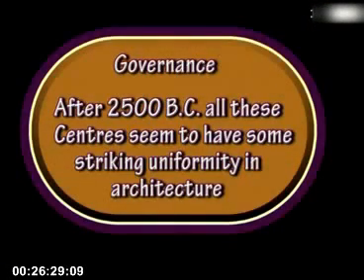After 2500 BC, there is evidence of a striking uniformity among all the centers, among all the sites in Indus civilization. Now, this may have been achieved by wars and conquests, but the sudden decline of early Kalibangan in 2550 BC and its reconstruction in the uniform Harappan style about 50 to 100 years later seem to point in this direction.